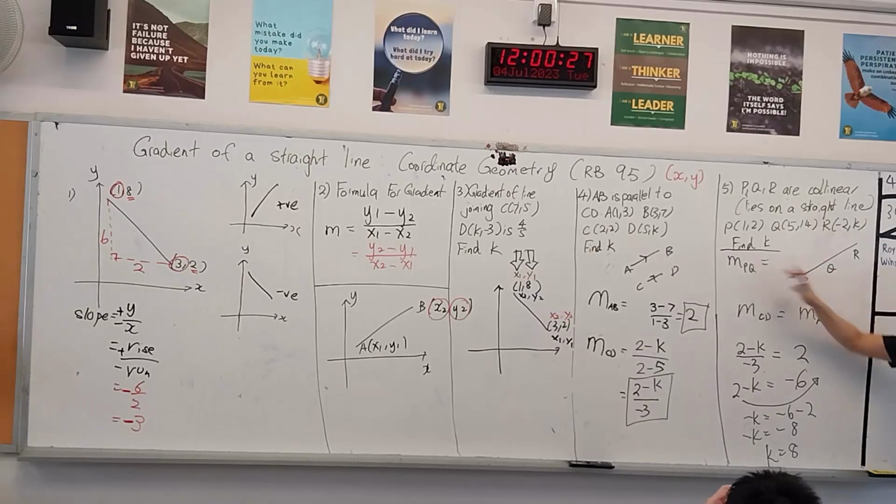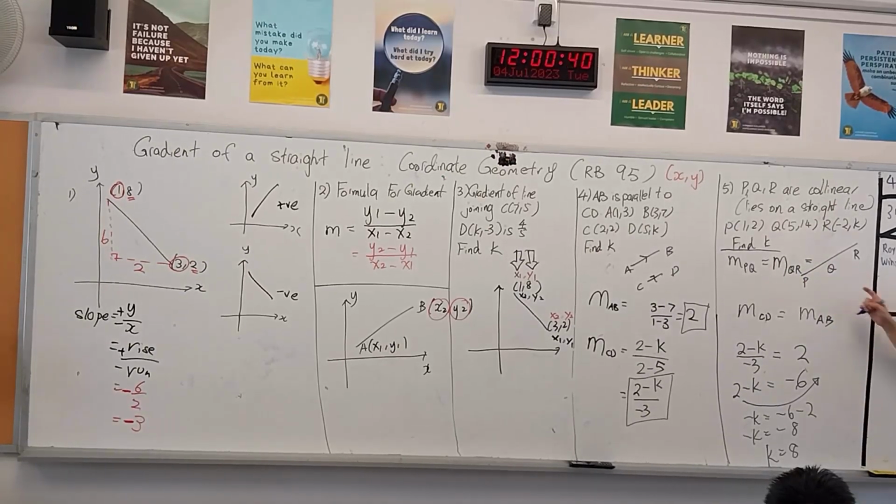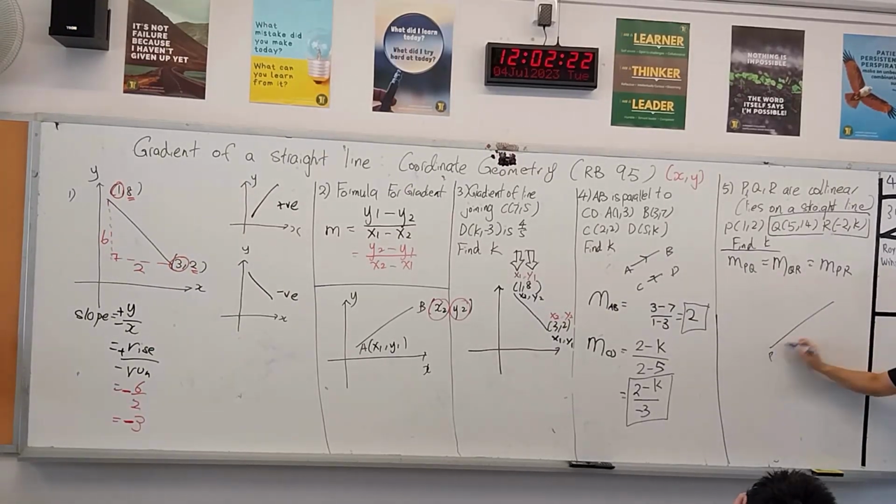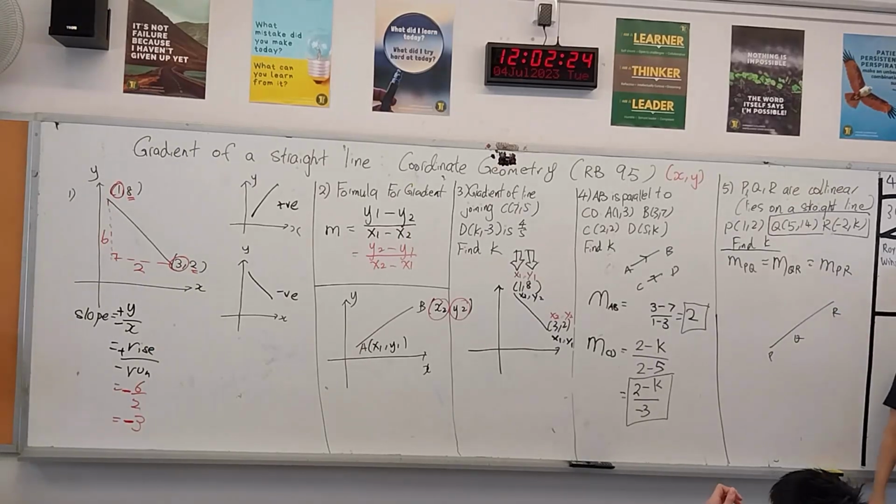So the gradient of PQ will be the same as which gradient? Will be the same as the gradient of QR. Will be the same as the gradient of PR. Because PQR lies on the straight line, so all the gradients are the same.